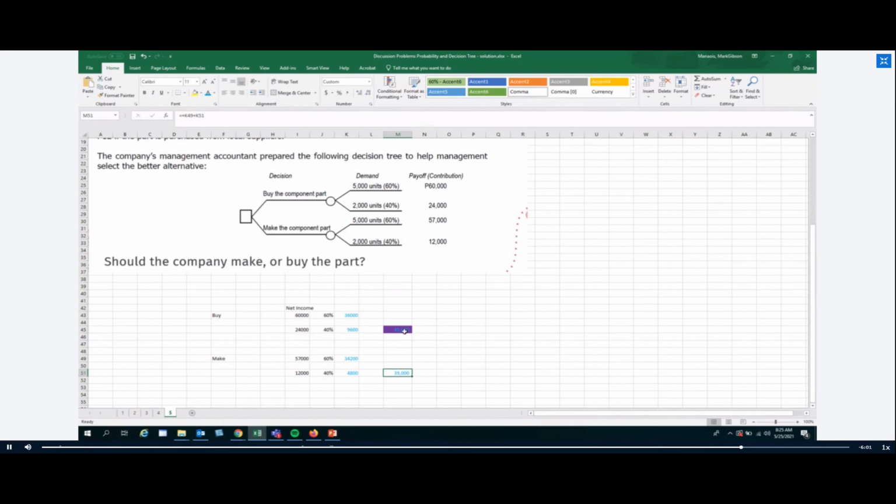So that's 45,600 to buy and 39,000 to make the part. So our decision is to buy at 45,600 because it will generate higher net income compared to making the product. So the answer is 45,600, buy.